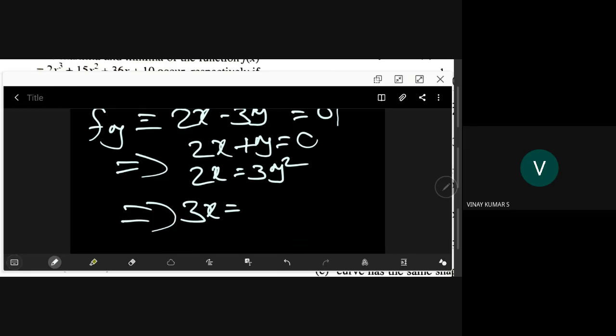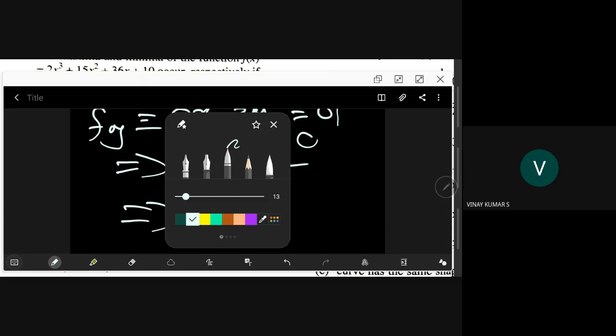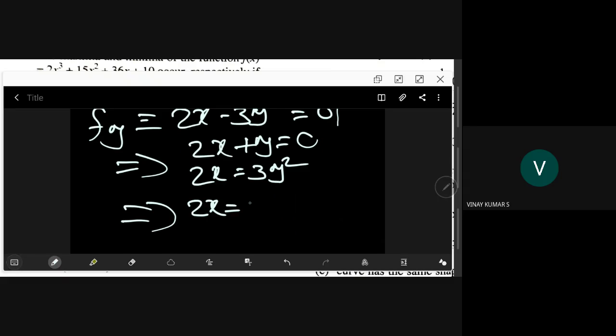So now if I take y is equal to minus 2x, 3 into minus 2x whole square, that is 12x square. So 12x square is equal to 2x.